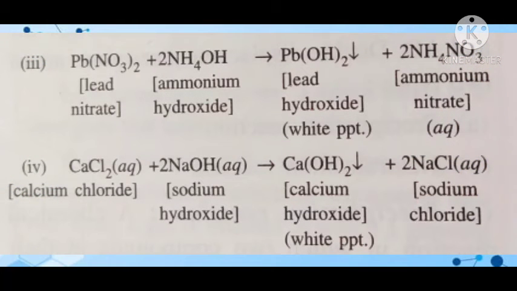Next reaction. Lead nitrate, when it reacts with ammonium hydroxide, gives a white colored precipitate of lead hydroxide in the aqueous solution of ammonium nitrate.